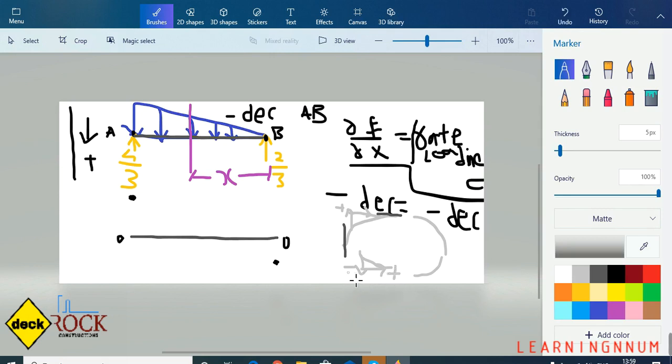Now check the slope. On the left side, if I draw, this is again a vertical line. That means slope is maximum, up to infinity. Then on the right side, it is a straight line, that means slope is zero. That means from left to right slope is decreasing, and sign is negative. So this is the negatively decreasing curve. Understanding? Yes, sir. So that curve we need to consider.